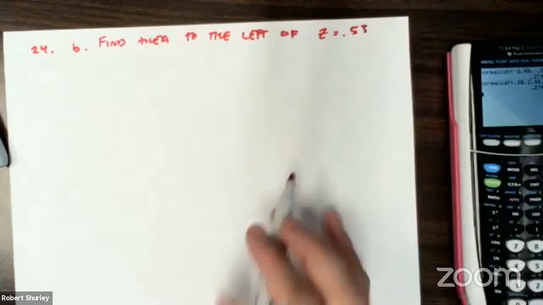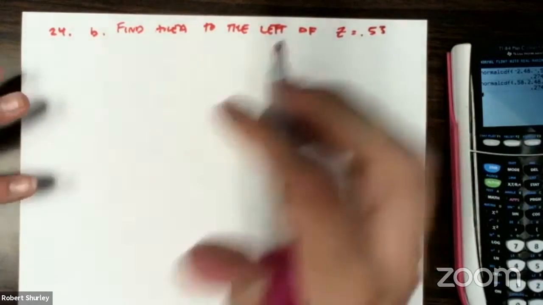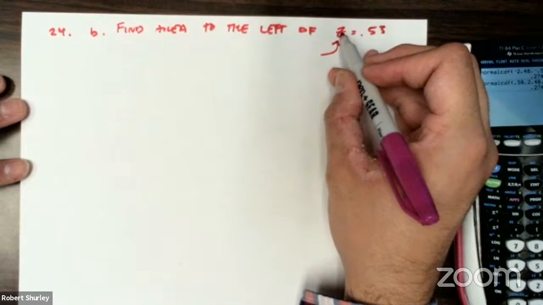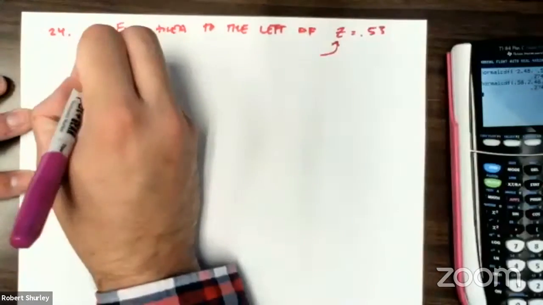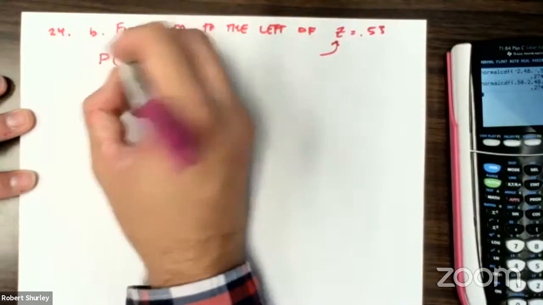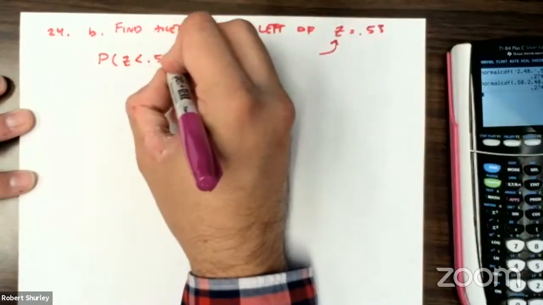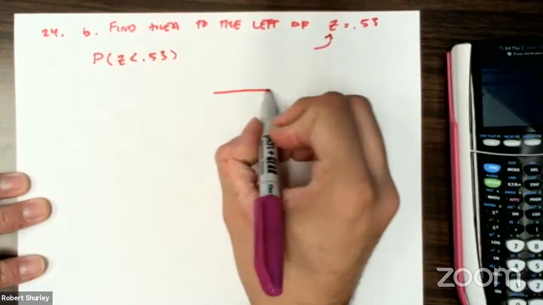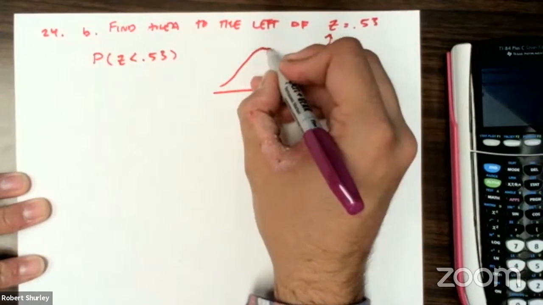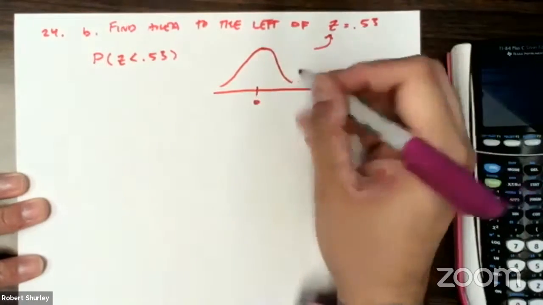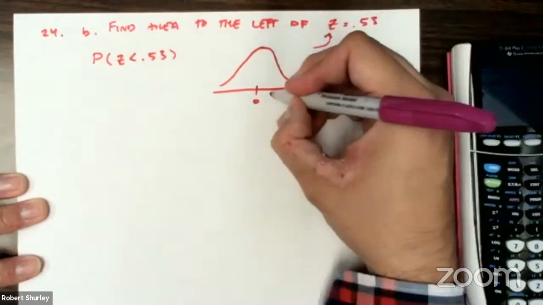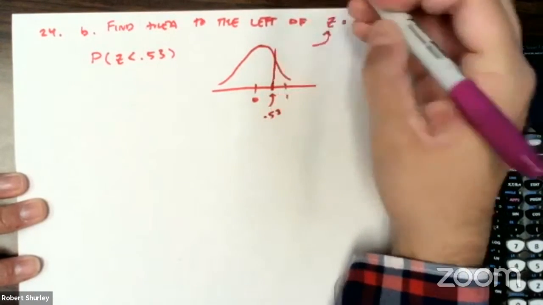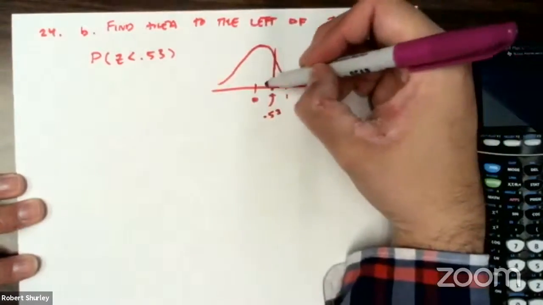I was using X earlier, now we keep Z for the standard normal curve. So what we're actually finding is the probability that Z is less than 0.53. If you wanted to graph it, you can think of Z as the X I used earlier. Here's 0, here's 1, and 0.53 is about right there. They want the area to the left of 0.53.